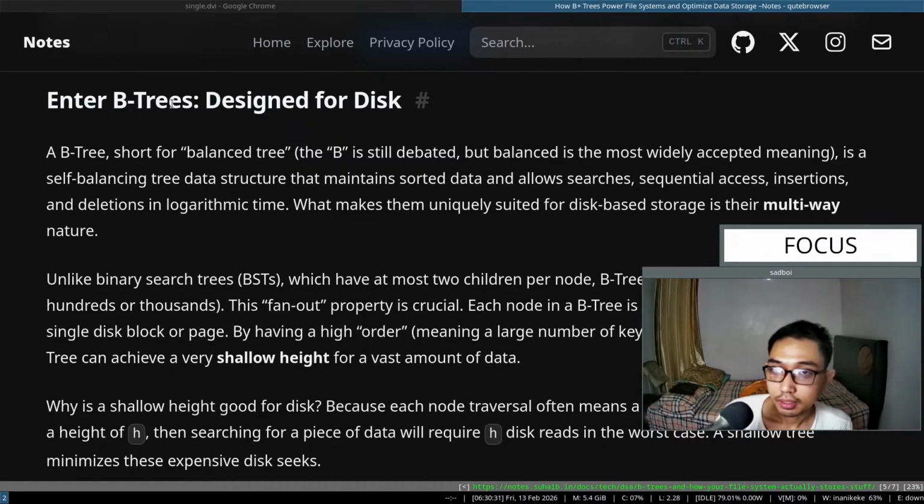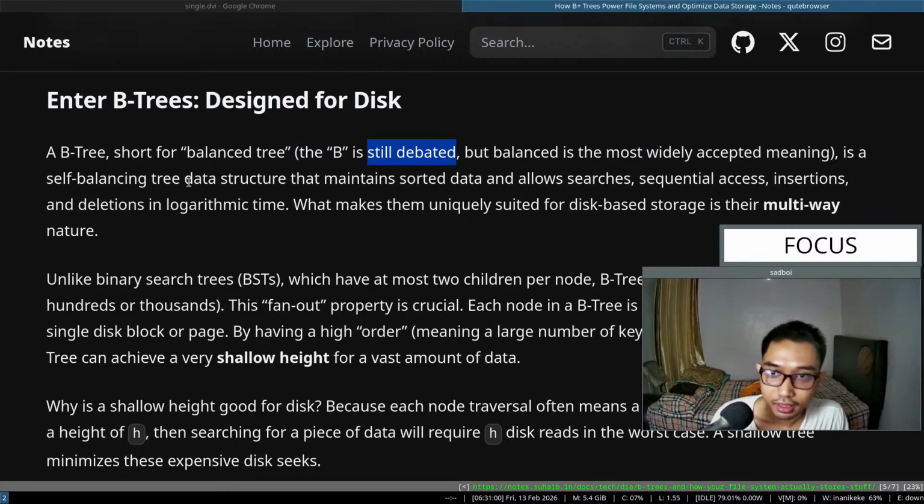Enter B-trees. The B is short for balanced tree. The B is still the bit, but balanced is the most widely accepted meaning.